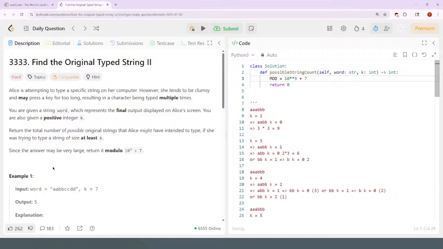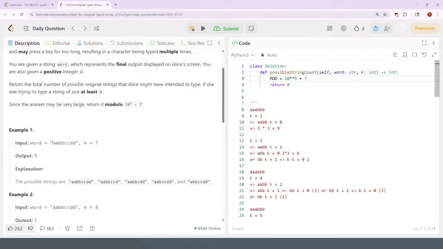So going over some examples, if she typed AABBCCDD, basically doubles of A, B, C, and D, there's 8 characters here, and the string that she intended to type was at least 7. That means that logically she either intended to type all of it. It's always the case that she could have intended to type everything, in which case it'd be 8 long, which is above 7.